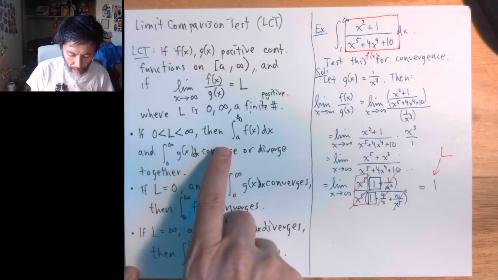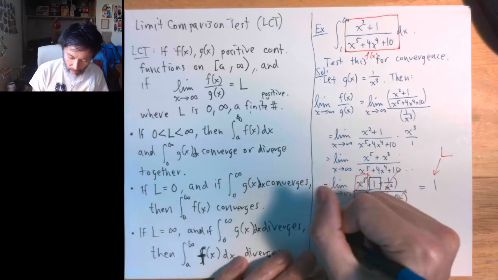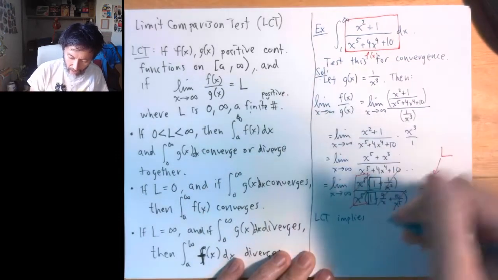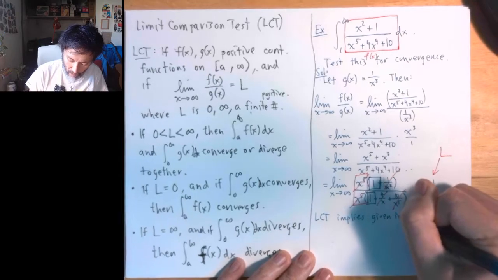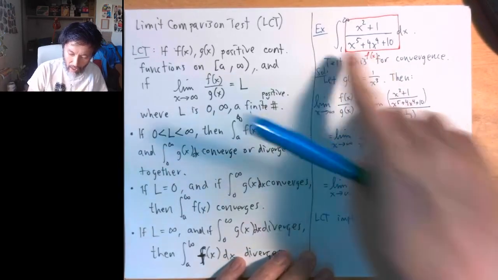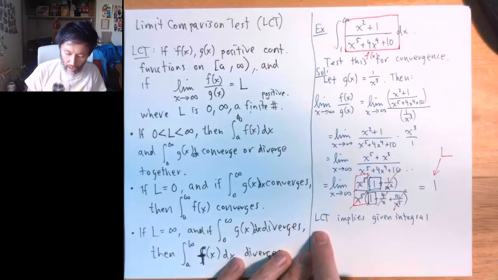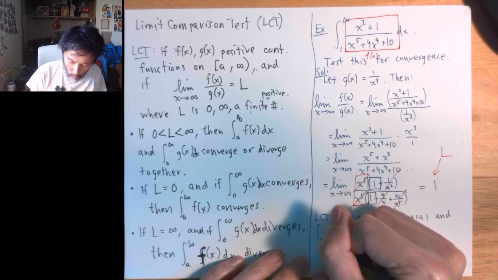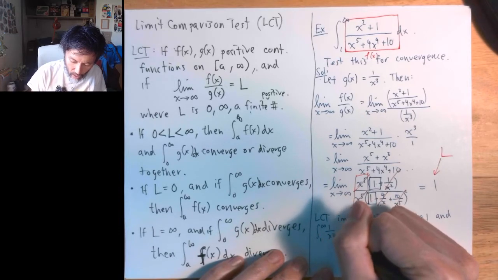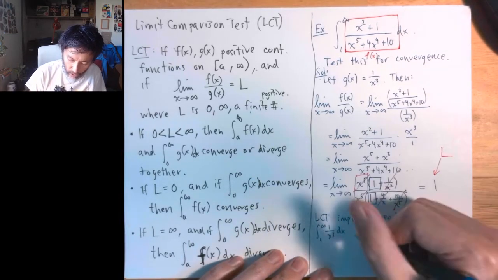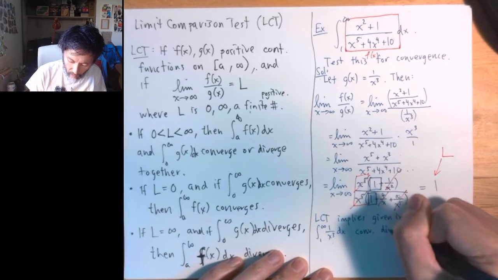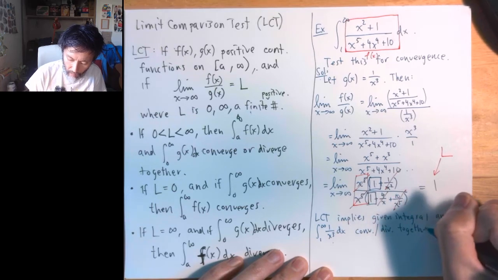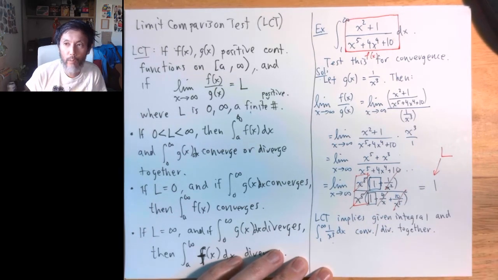And so what that means is LCT implies that the given integral, by which I mean this integral right here, and the integral from 1 to infinity of 1 over x cubed dx converge or diverge together. And I'll write that like this, conv div together. Okay? But what do we know?